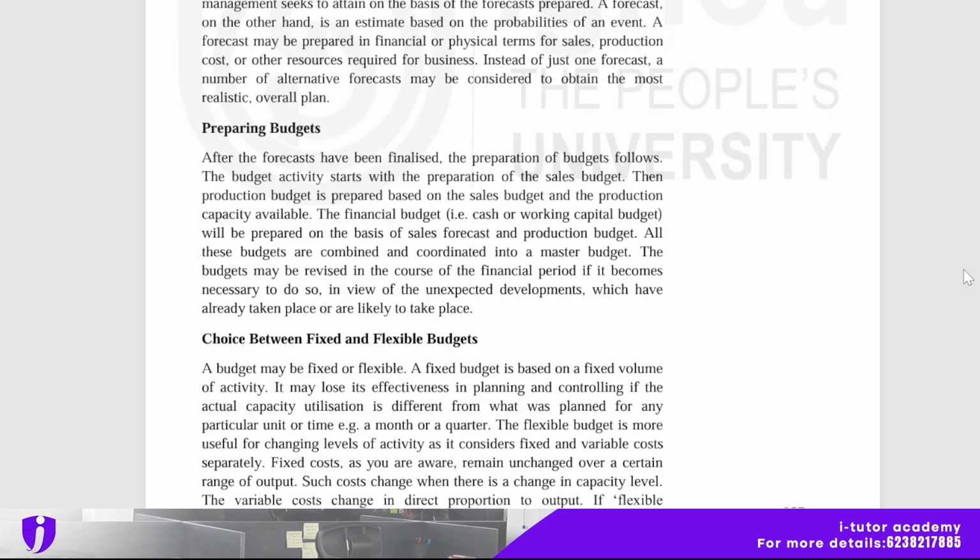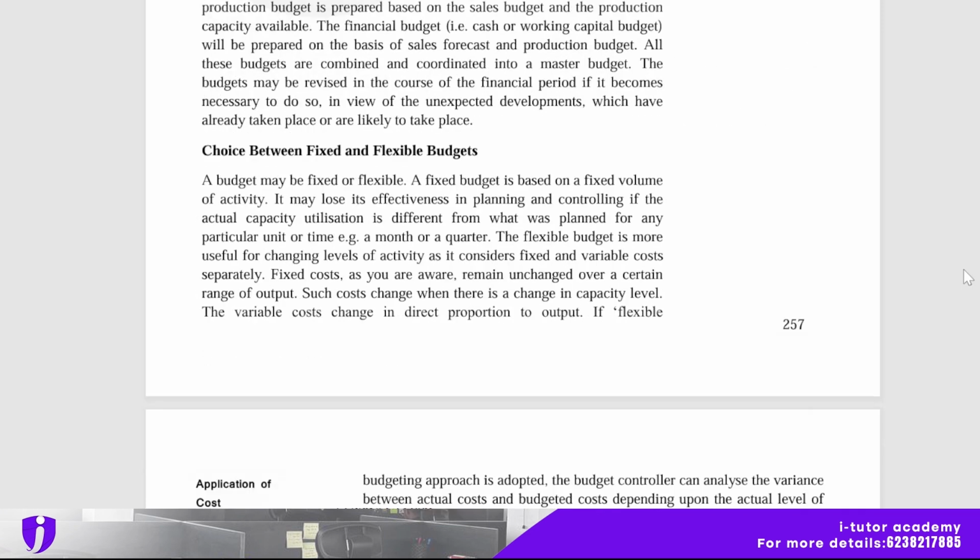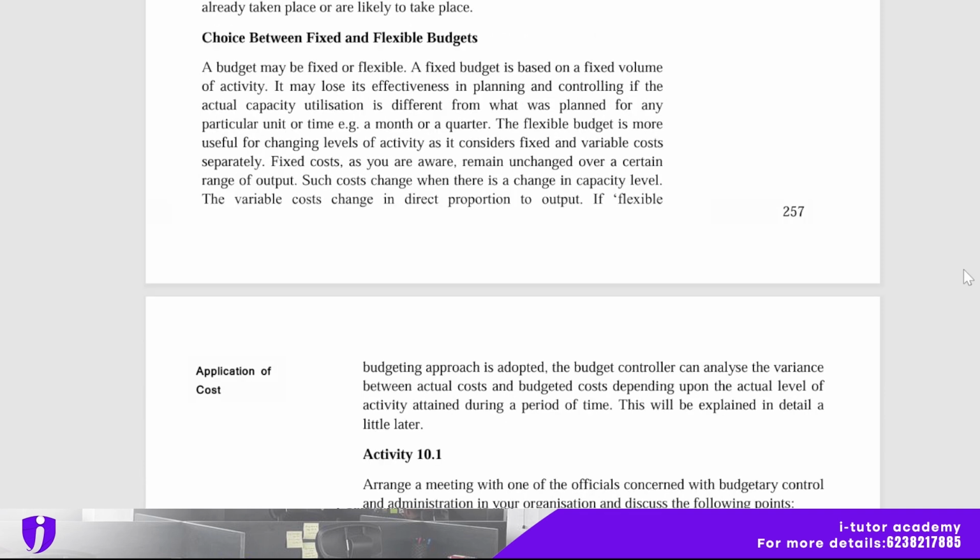Preparing budget. After the forecasts have been finalized, the preparation of budgets is as follows. The budget activity starts with the preparation of the sales budget. Then the production budget is prepared based on the sales budget and the production capacity available. And choice between fixed and flexible budget. A budget may be fixed or flexible. A fixed budget is based on a fixed volume of activity.